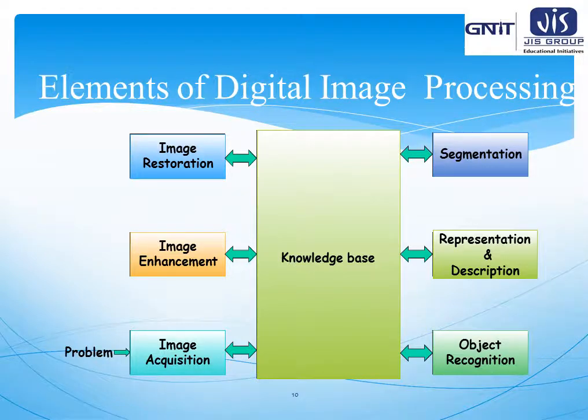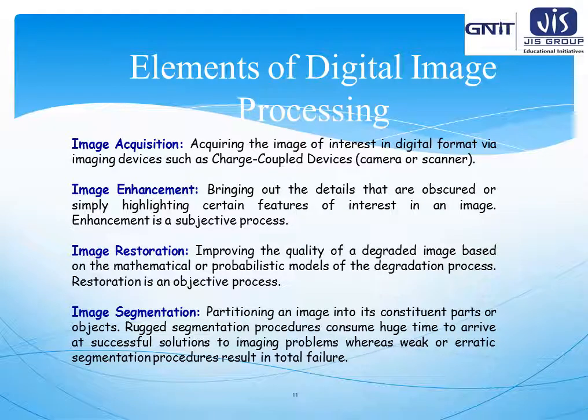Now here some definitions of the elements of digital image processing have been given, which are very important, and we have to memorize all this. So what is image acquisition? Acquiring the image of interest in digital format via imaging devices such as charge coupled device, that means the camera, and scanner.